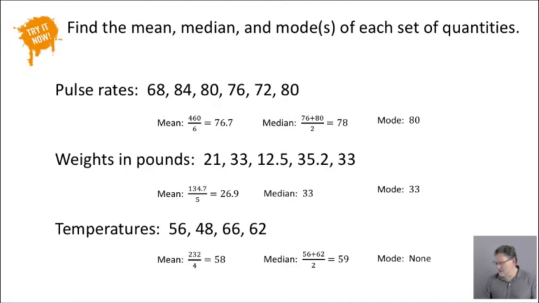The weights in pounds, the mean was 26.9, the median was 33, also the mode being 33. And lastly, for those temperatures, we had a mean value of 58, a median value of 59, and there was no mode this time. Now notice I rounded to the nearest tenth in some cases here for calculating the mean. There wasn't any particular reason for that, I just did that.